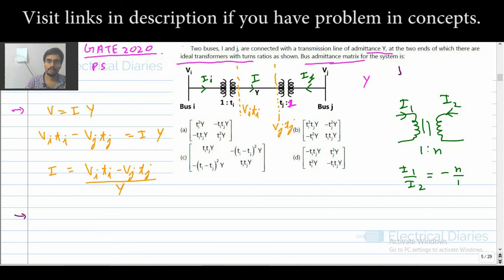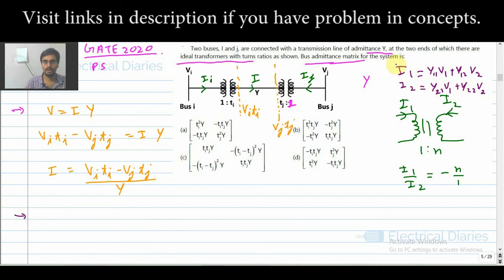That is your I1 is equal to Y11 V1 plus Y12 V2, I2 is equal to Y21 V1 plus Y22 V2. Okay, so here I have taken this Ii as your I1, Ij as I2. Okay, and your V1 as Vi, and V2 as this Vj. Okay, so I have to find this Y11, Y12, Y21.